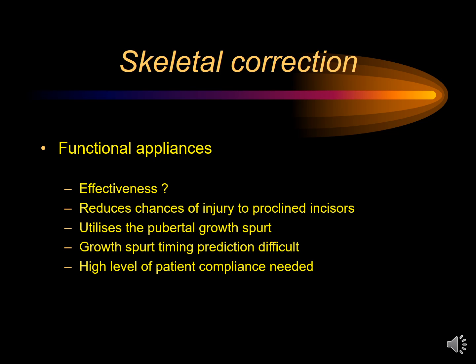This compliance sometimes is not forthcoming because functional appliances tend to be bulky in construction, and the patient has to be highly motivated to produce a high level of compliance.